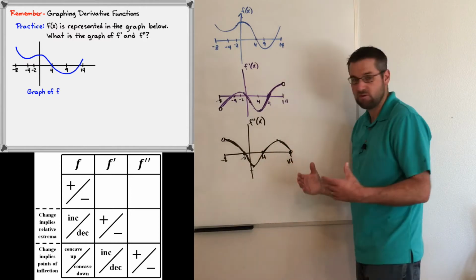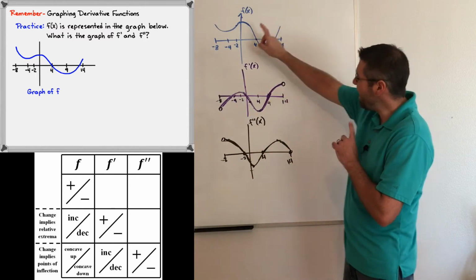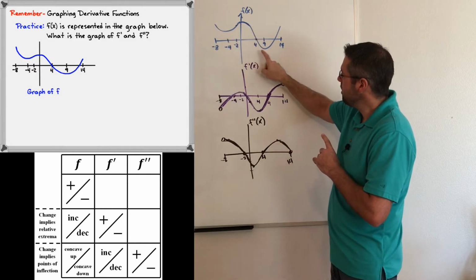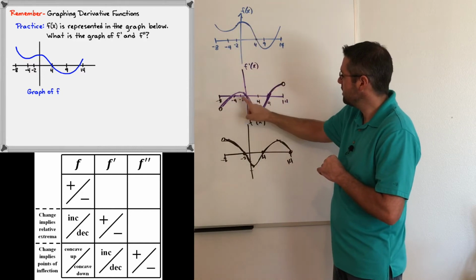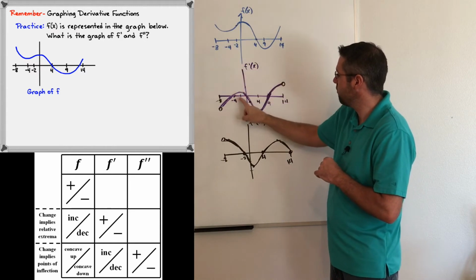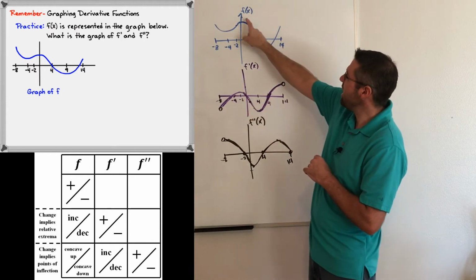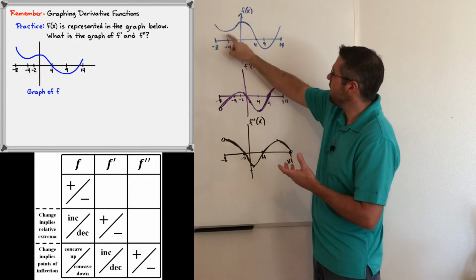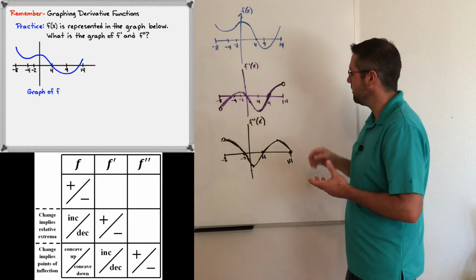So there's all these different things going on here. When f has some sort of relative extrema, we can see that f prime is changing signs. So it changed signs at -4, 0, and 9 because f has a relative extrema. It's changing directions at -4, 0, and 9. Okay?